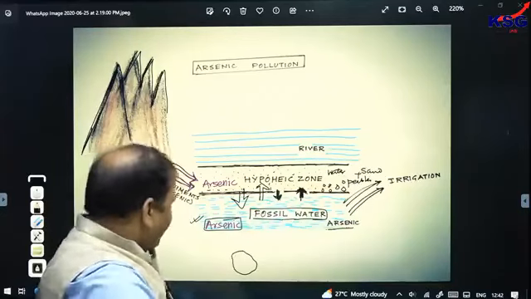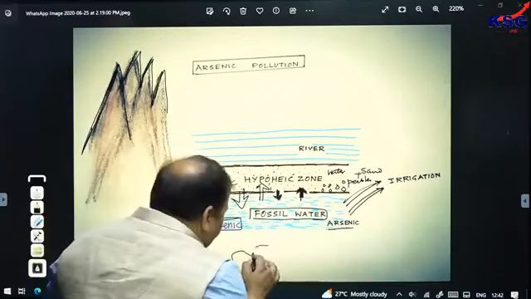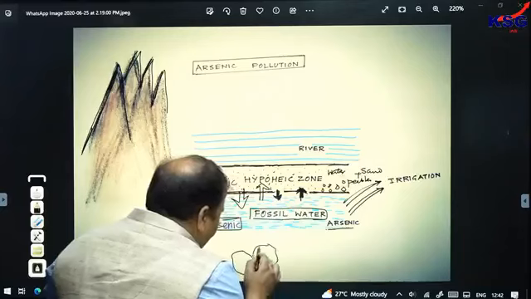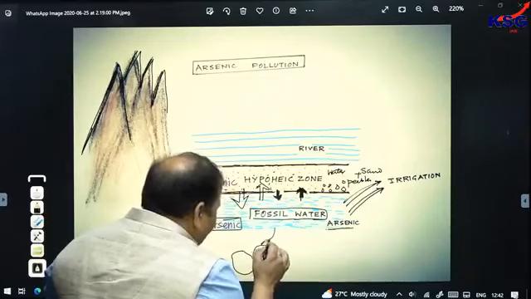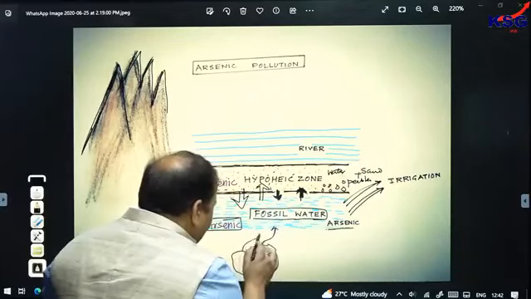Clear? But do remember that arsenic can also reach the underground water from seepage of the bedrock.